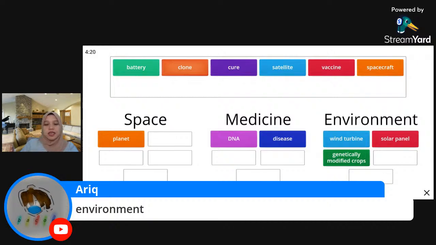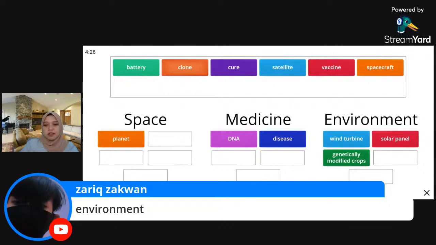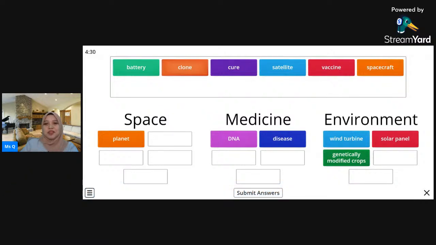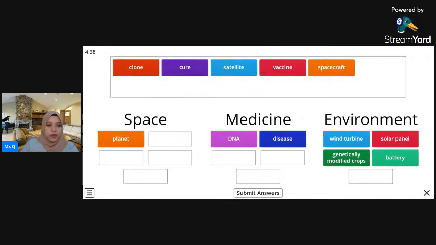Okay, most of you answered environment. Let's put it in environment. How about clone? Where should that be? Space, medicine, or environment? Clone.